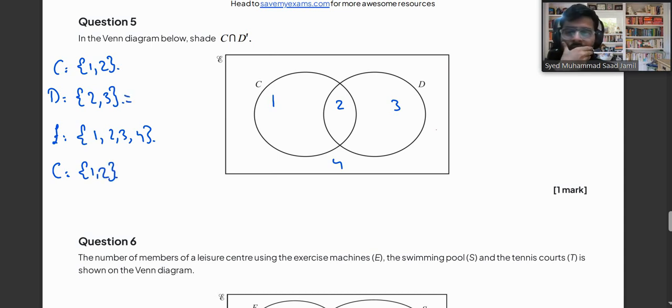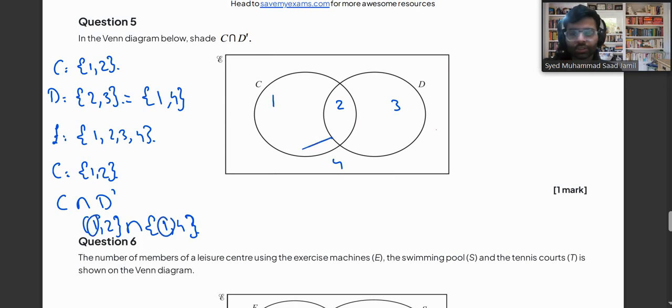D complement is basically 1 and 4. So the question is saying C intersection D complement, which means 1, 2 intersection, what is D complement? 1, 4. So what is common in both? 1. So you will only shade this side. This is your answer. This method is used for all shading techniques. This is the best method to do shading.